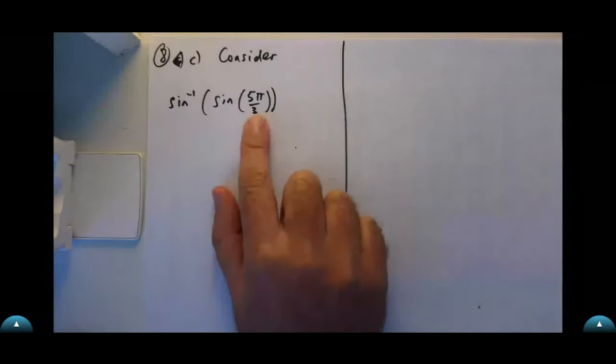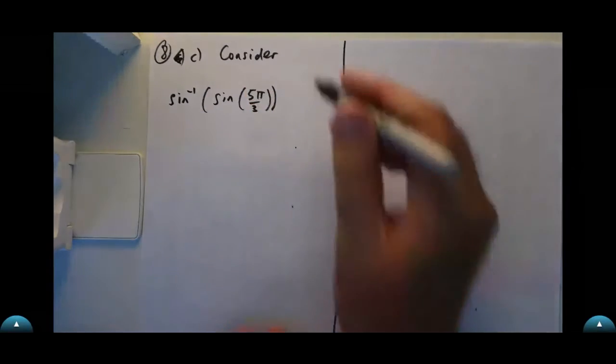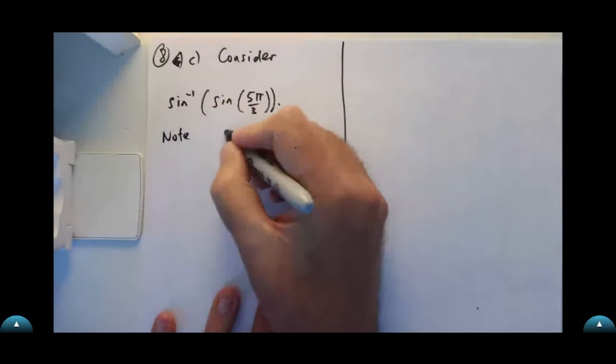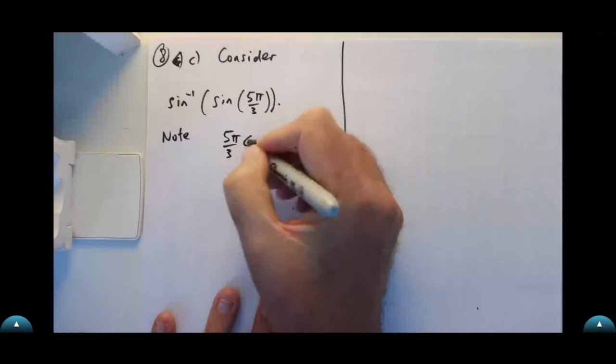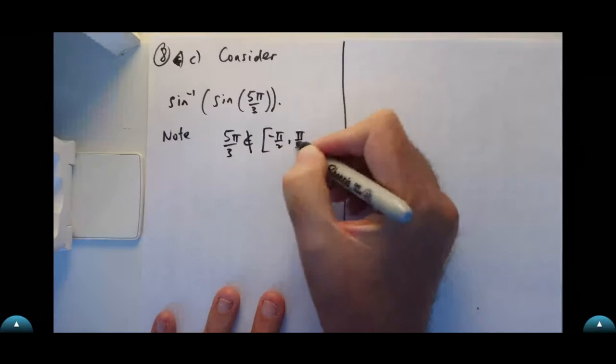Okay, and so the temptation here is that, oh, this cancels out. But the point is 5 pi on 3 is not in this interval. So it doesn't make sense.